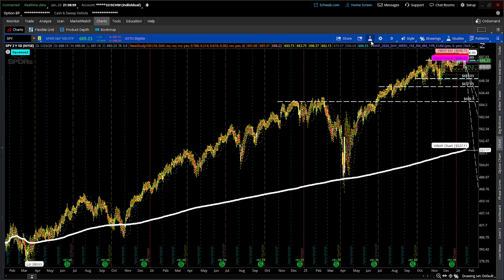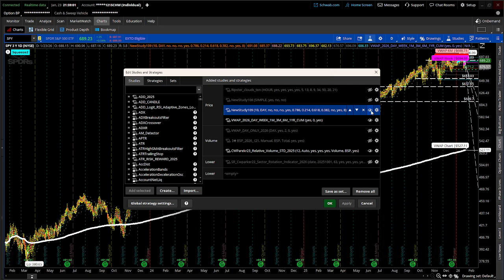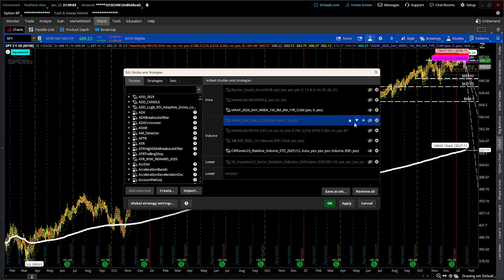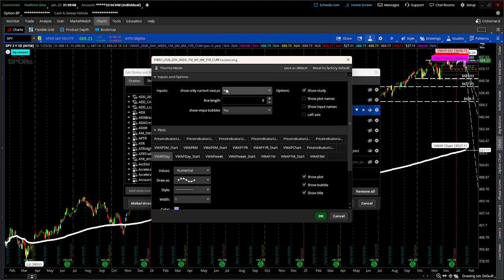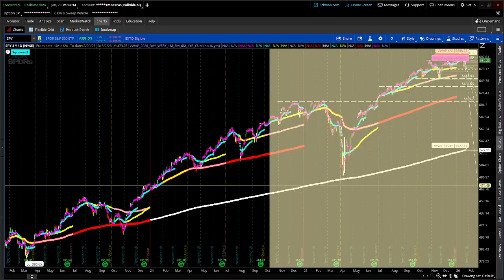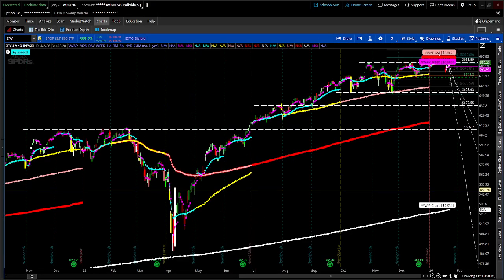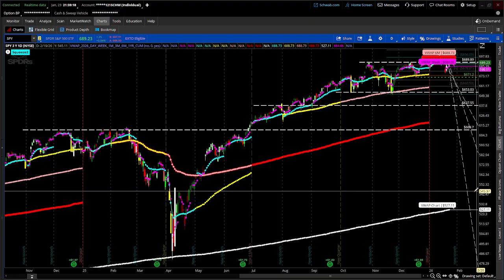So I'm going to go back to my 3-year, silence this study, and let these VWAPs shine. Right now I only have it showing the current VWAPs, which is why it looks kind of funky. But if I were to show the rest of the VWAPs, this is what the indicator actually looks like once the year spreads out.